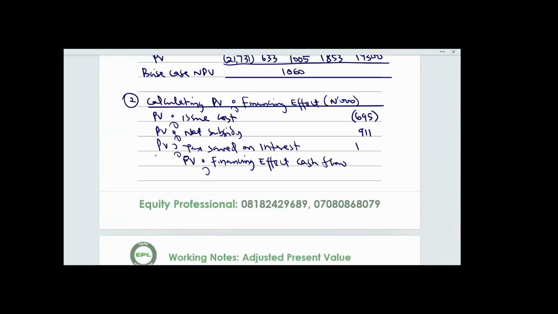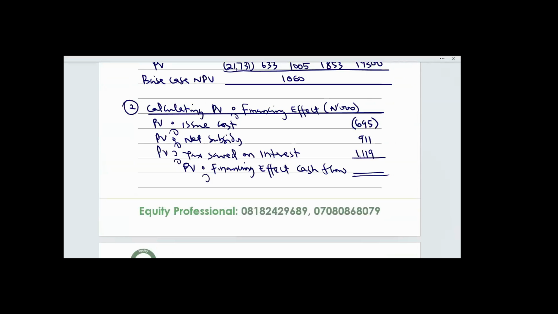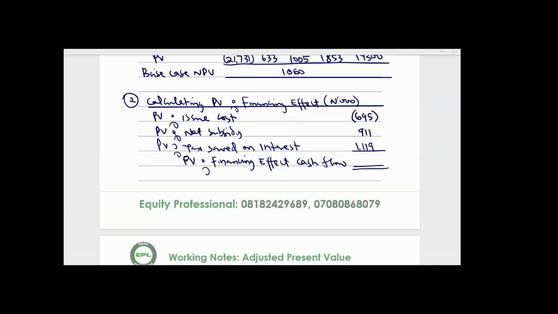So here is 1119. Add everything together. That will give us the PV of financing effect. What do we have here? 1119 plus 911 minus 695. 1335.